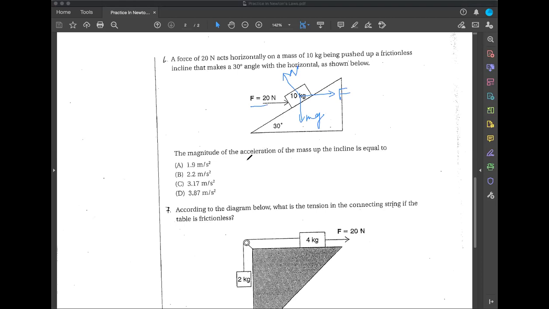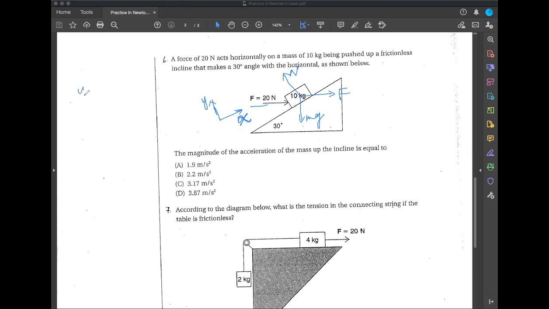Then we analyze one by one in the different directions. Since it's accelerated up the incline, we define this direction of a as the direction it will be accelerated. So this is your x, and this is defined as your y.